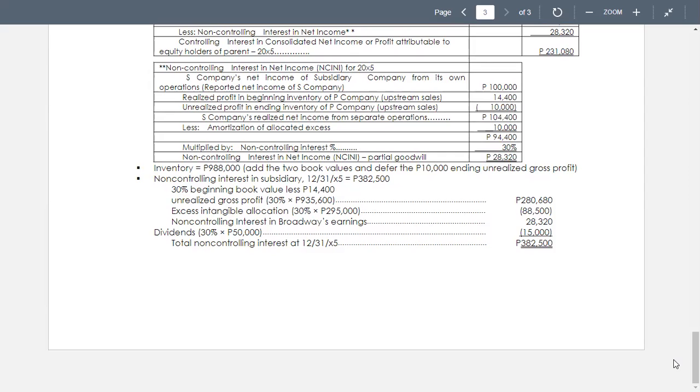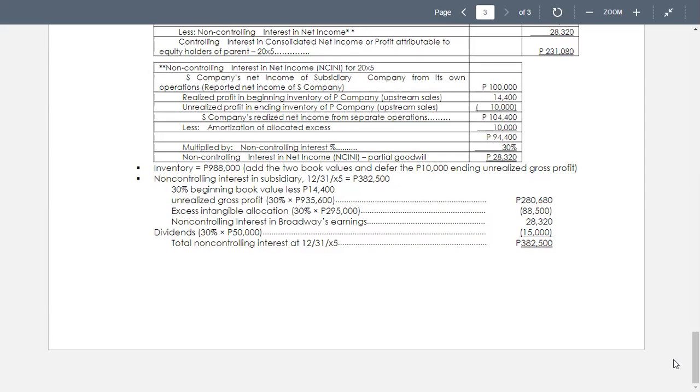During 20X5, SS sold inventory costing 120,000 to PT for 160,000. Of this amount, 20% remains unsold in PT's warehouse at year-end.